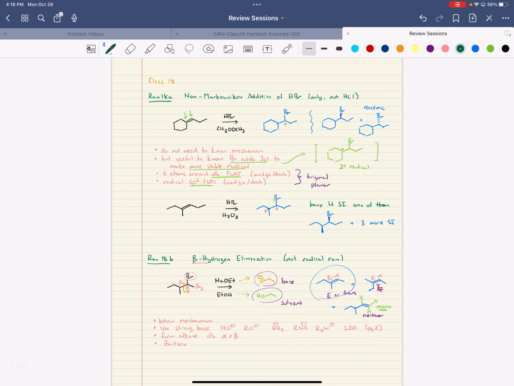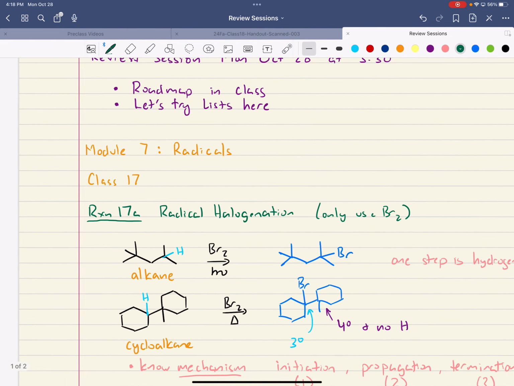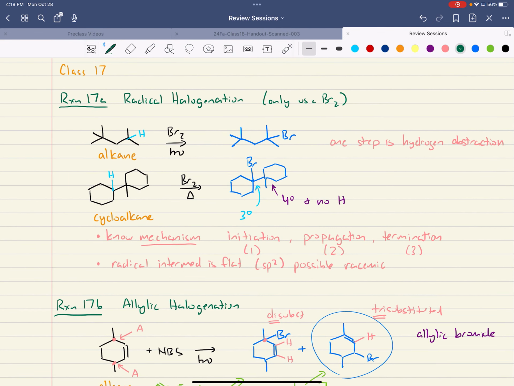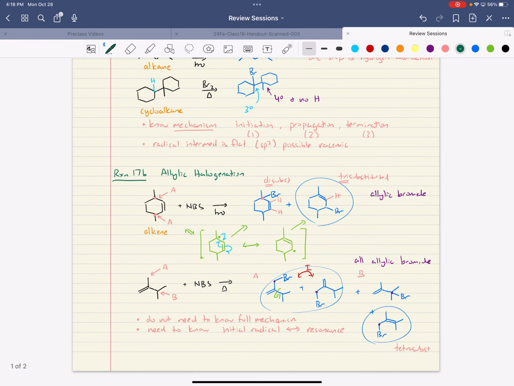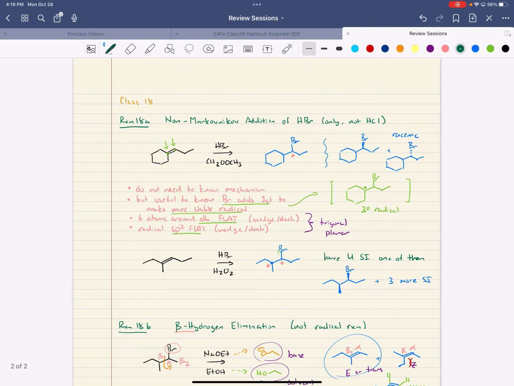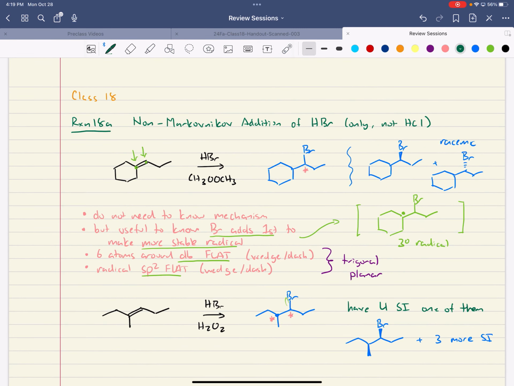But really the mechanism is just you finding 3 or 4 blank sheets of paper and drawing it. Which mechanism do we need to know? This one here. And drawing it 3 or 4 times. Honestly, this is the only mechanism you need to know from the first 2 classes after the exam 2. This one right here. Okay. The other ones, you just need to know the intermediates. All right, class 18. Any questions about class 18?